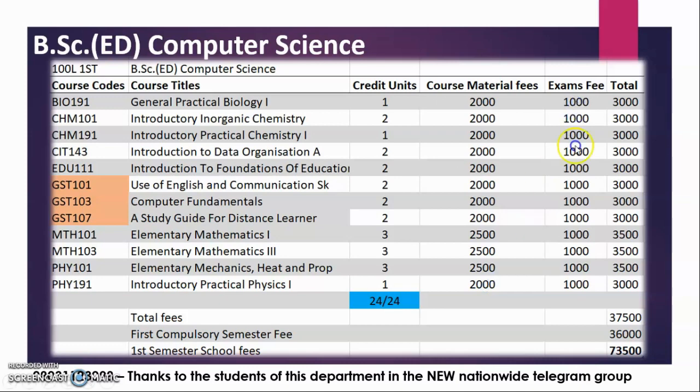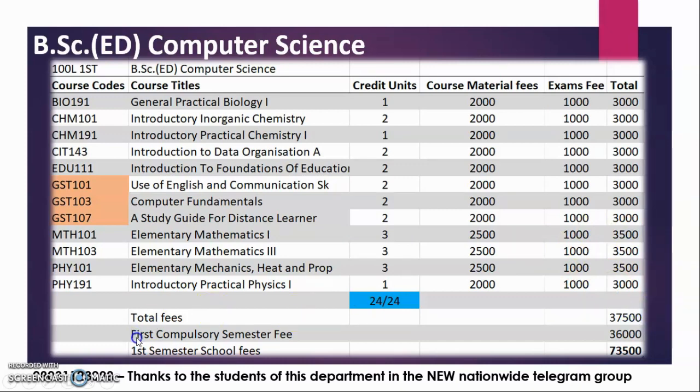This one is for exams, for you to sit for the exams and take the assignments. Total from here, 2,000 plus 1,000 is 3,000. That's how we got this total here. It is the total fee for each course you've registered or you want to register. And they amount to 37,500.